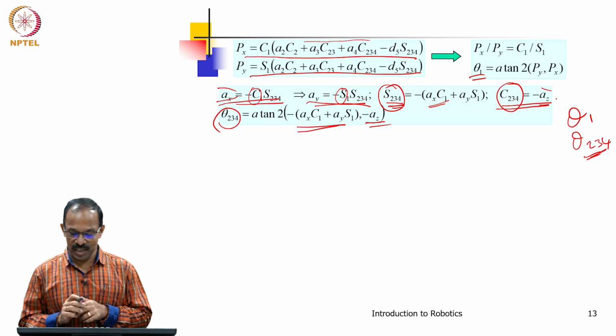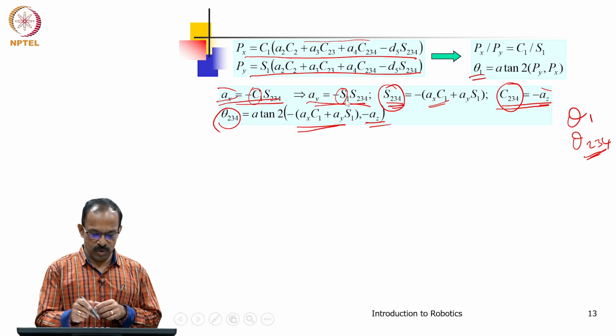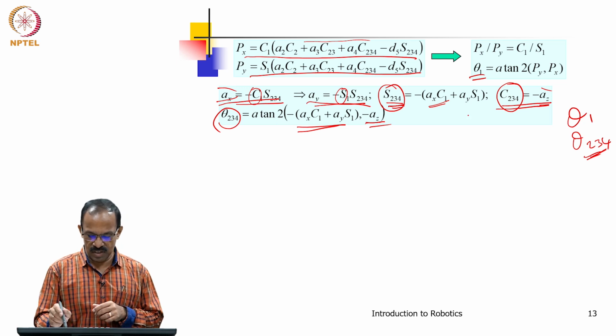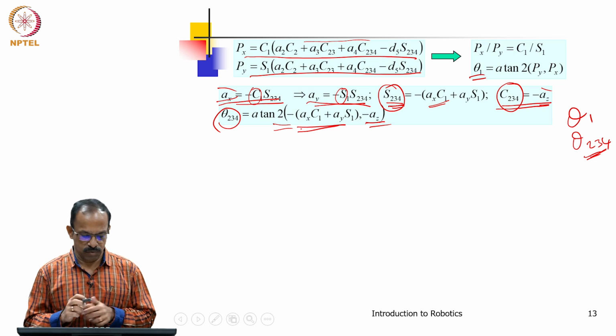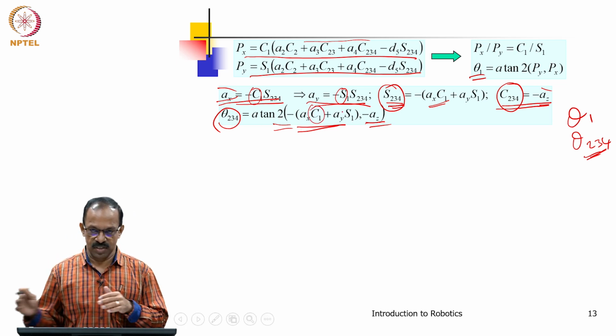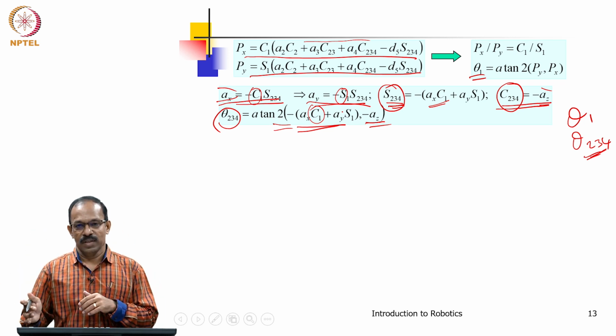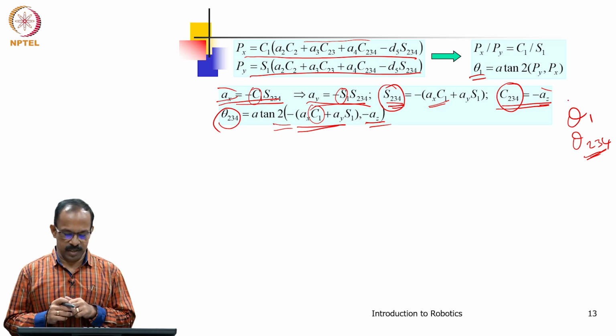So, the approach vector is decided by theta 234. Of course, theta 1 also decides it because it is coming out of the plane. So, theta 1 and theta 234 completely decide the approach vector for the manipulator.